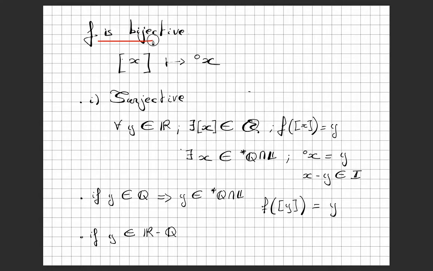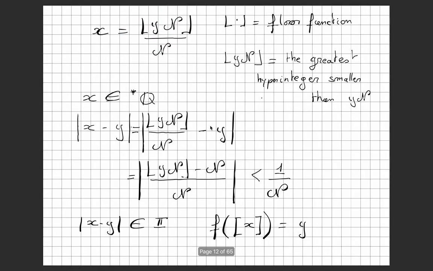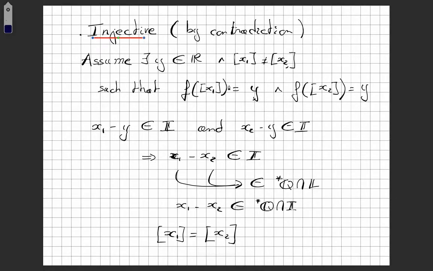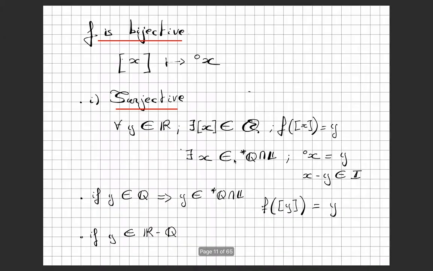And I am left with having to show that f is a bijective function. And so I need to show that f is surjective, and a little later I need to show that f is injective. So to show that f is surjective, I need to show that for all y that are real numbers, there exists an equivalence class x in Q such that f of x equals y. Or in other words, there is an element x in the set of limited hyperrational numbers such that the shadow of x is equal to y.